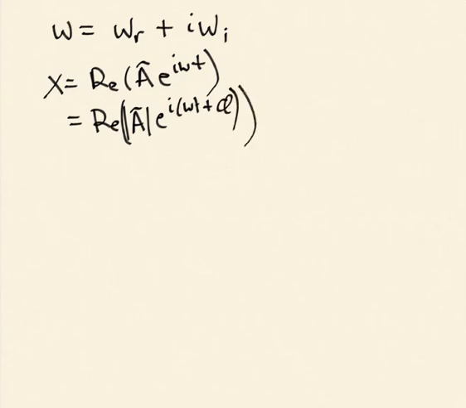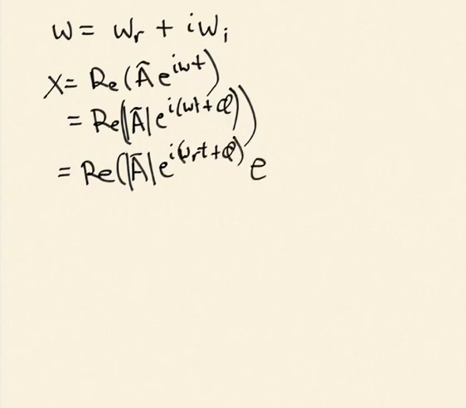Now, if I plug in this solution for omega, with a real part and an imaginary part, I can write this as the real part of a twiddle e to the i omega real t plus phase, times, now I can break out the imaginary piece here, and because there's an i times omega i, this just becomes e to the minus omega imaginary times time.